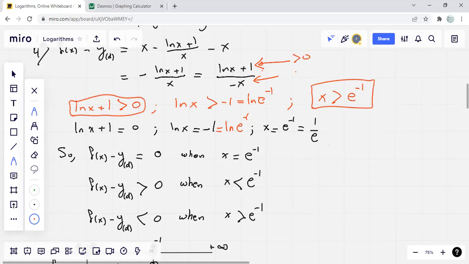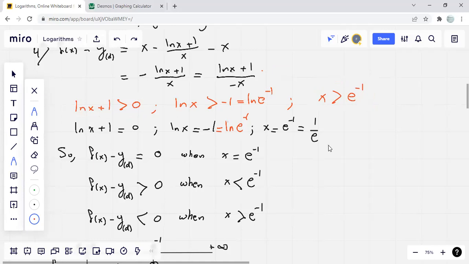Numerator is positive, denominator is negative, and the fraction as a whole is negative. okay, مشان هيك حطينا هاي الفراكشن as a whole is negative لما x تكون greater than e minus 1 يلي هي طلع معنا. Okay.